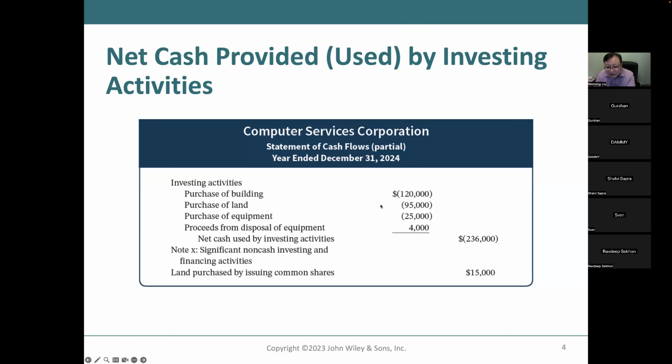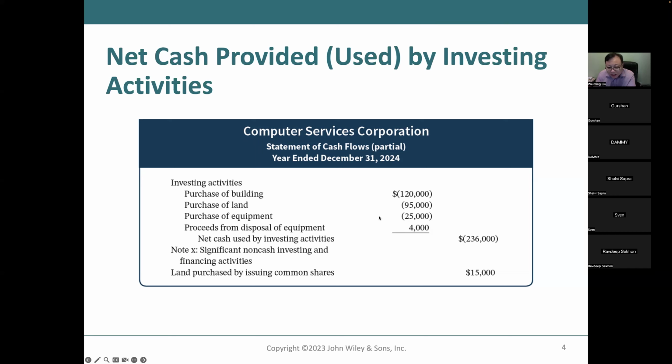You purchase land, that's a negative 95,000. Purchase of equipment, that's also a negative 25,000. So finally, we have proceeds from disposal of equipment. Okay, so you dispose of the equipment and you get $4,000 for that.